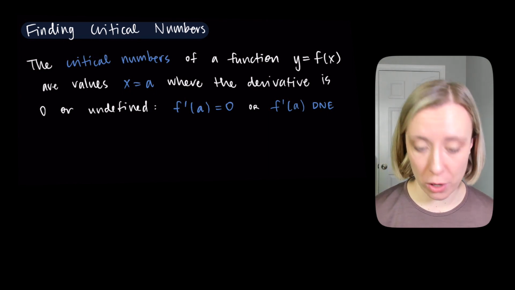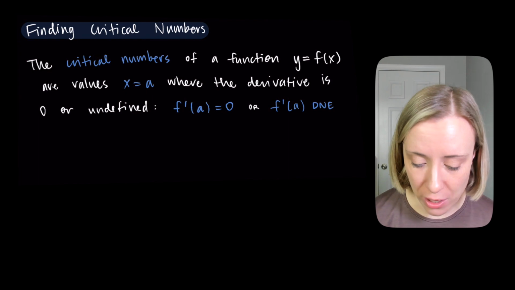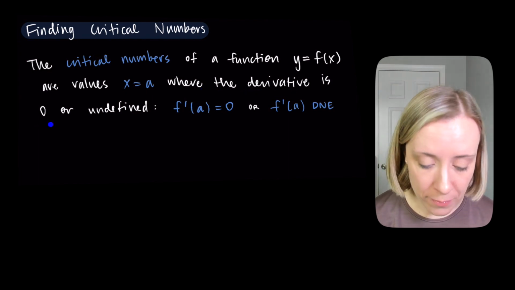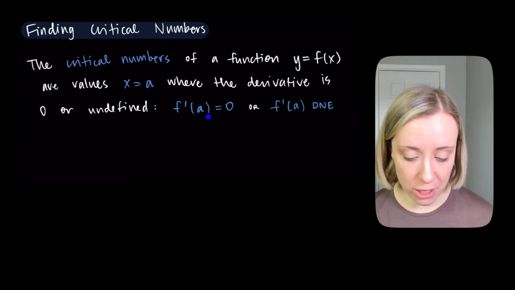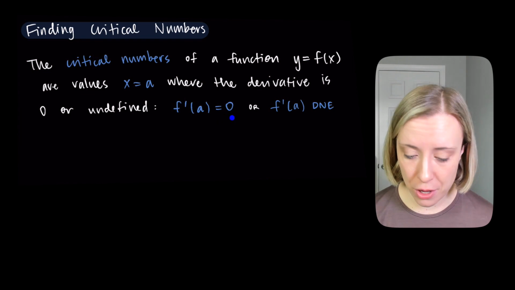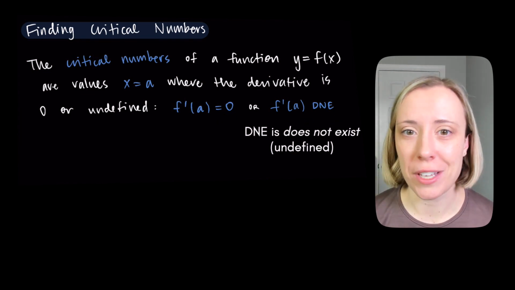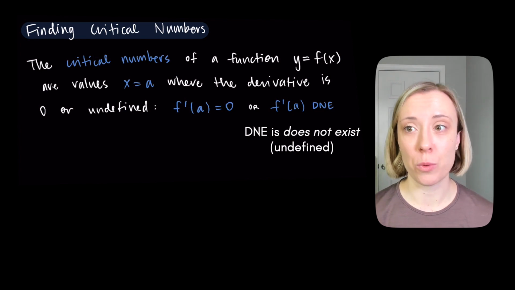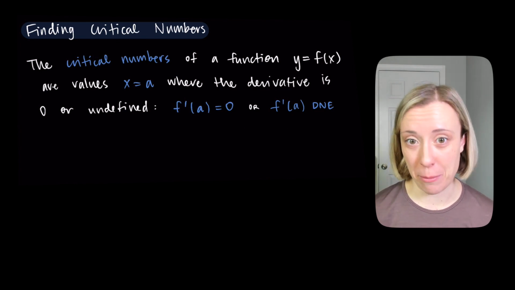So the critical number corresponds to an x value, and this value is a specific location where the derivative is 0 or undefined. This means f prime of a, that's the derivative when we plug in that value, should equal 0, or the derivative does not exist at that point. So we're looking at x values where the derivative is 0 or undefined. That's what I'm defining as a critical number.